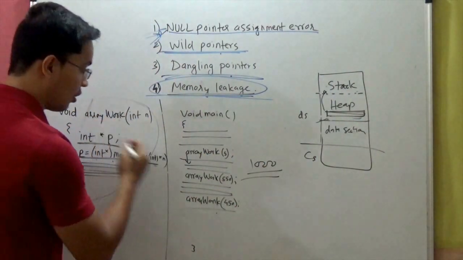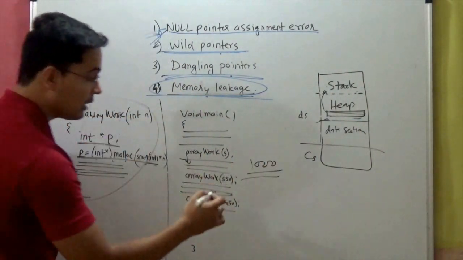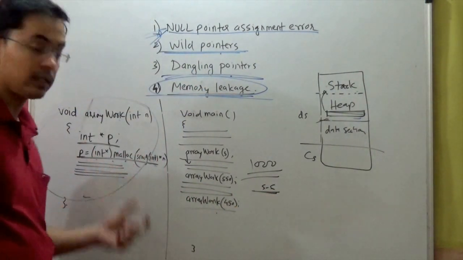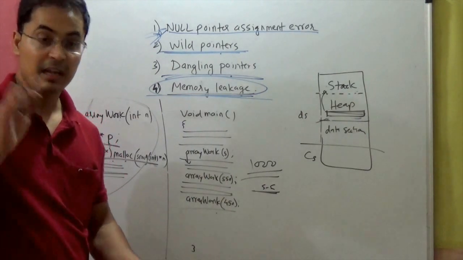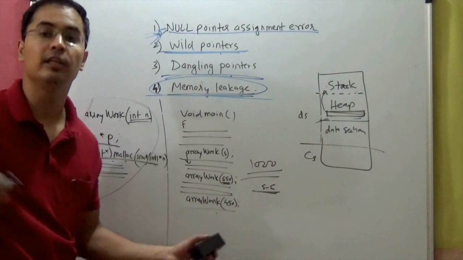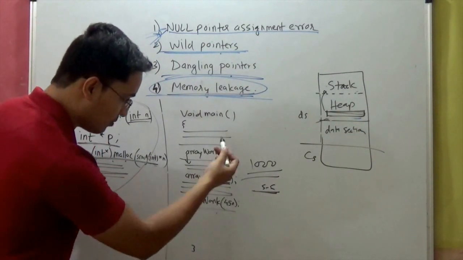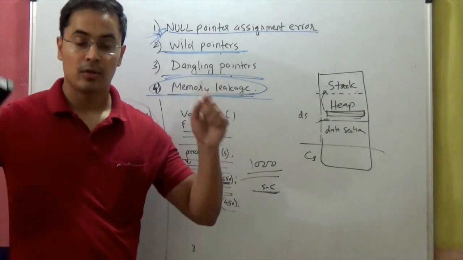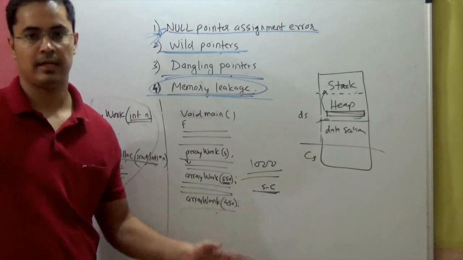And if you are making a call to this kind of function without free, let's say 5 to 6 times, every time you are causing that memory leakage. And it depends on the size of the array you want to create in each call. So imagine how much memory leakage you are causing just because you forgot to call free, right?